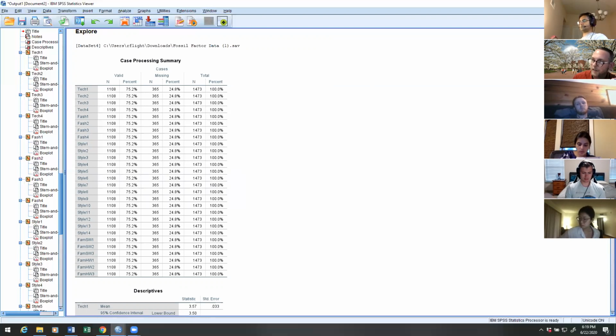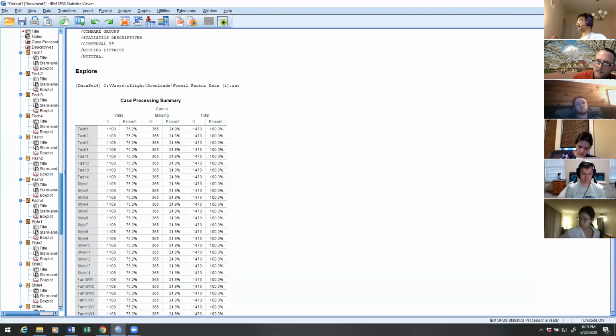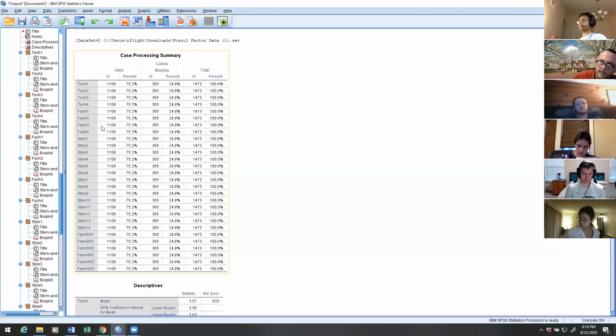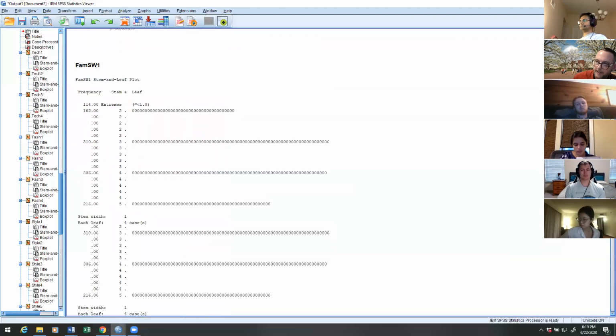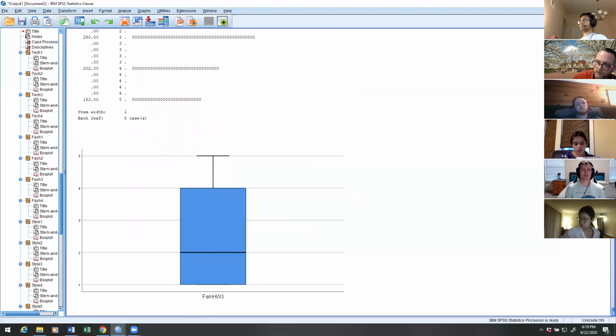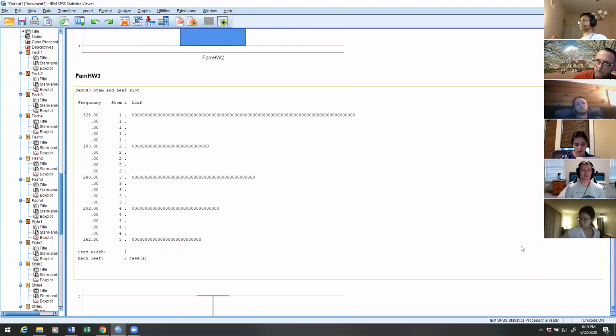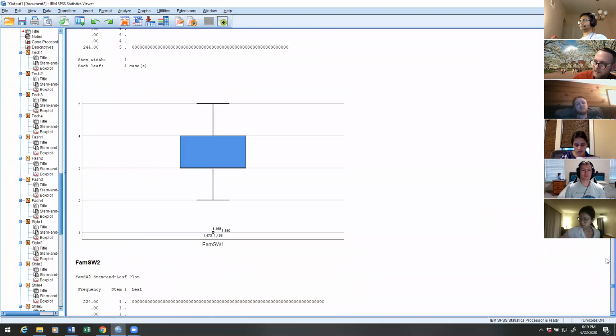You can play around with that and see what the impact would be. That's why there's 365, because 365 respondents missed at least one item, so they were taken out in that one run of the data.